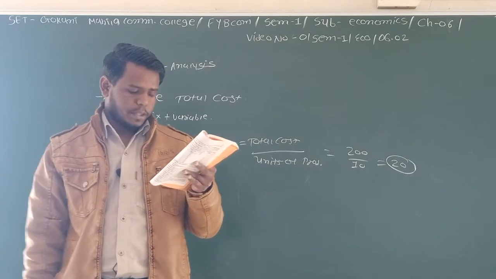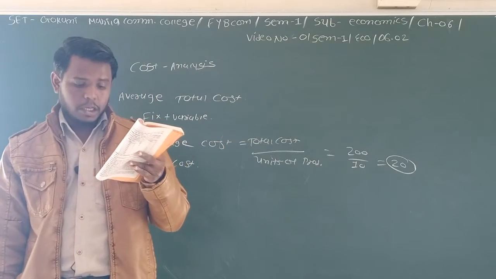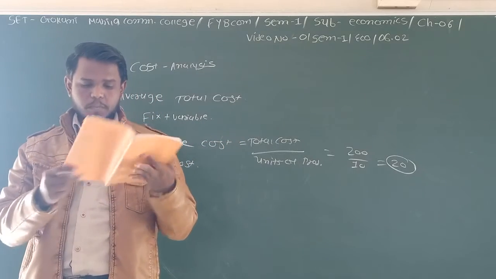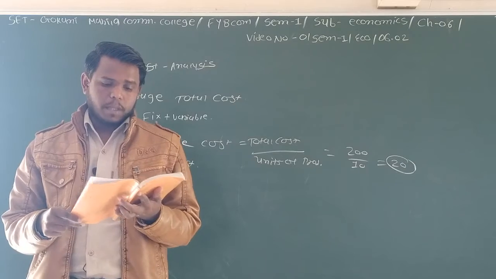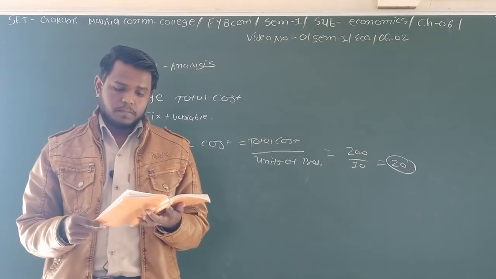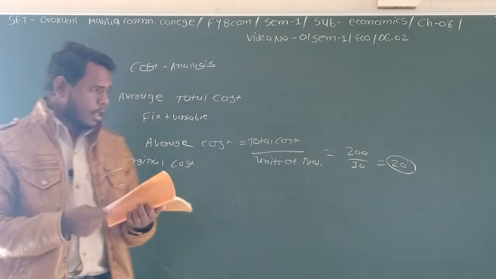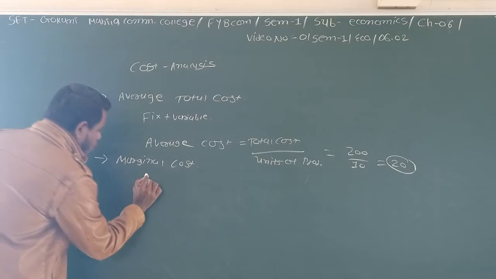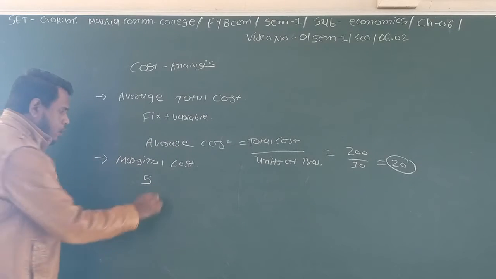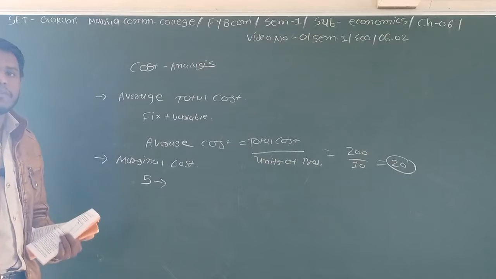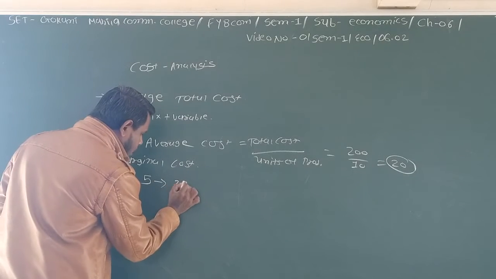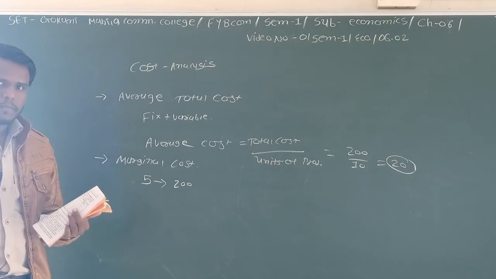Example given: there are 5 units to be produced and the total cost is rupees 200. Here you have produced 5 units, and to produce those 5 units you will have to incur a total of rupees 200.